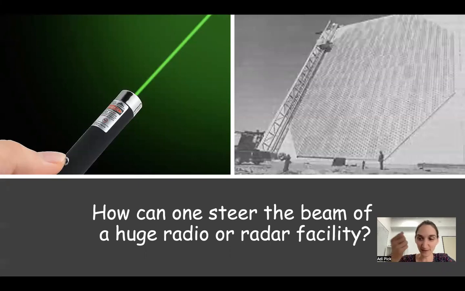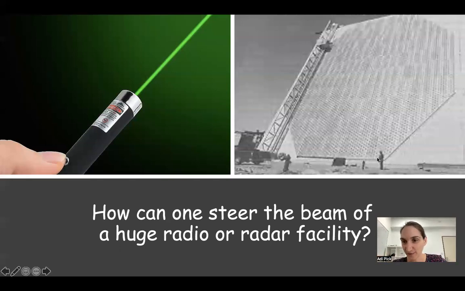If you have, for example, a laser pointer and you want to steer the direction of the beam, you can basically just move the laser pointer around, and in that simple way change the direction at which the beam is pointing. However, if your beam is produced by this huge radar facility, and you want to change the direction at which the beam is pointing, you cannot easily move a huge antenna.